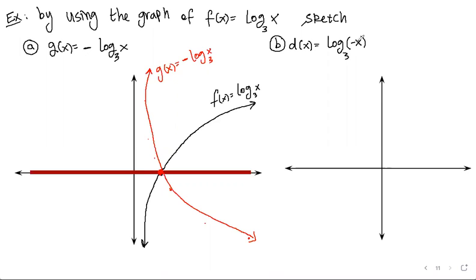For the second one, the minus is inside the function. What does that mean? So first of all, we graph the original function. It's like that. This is f of x. The minus is inside the parentheses of the function.